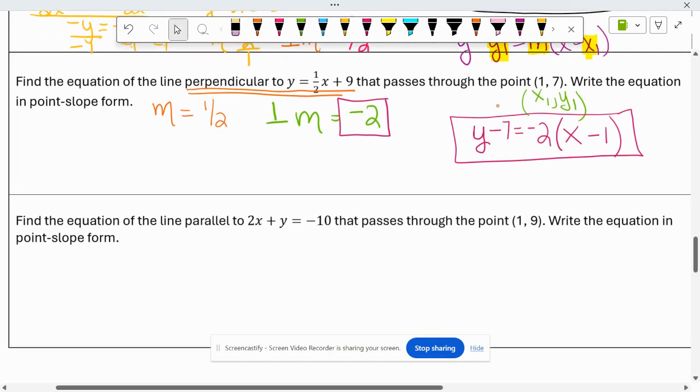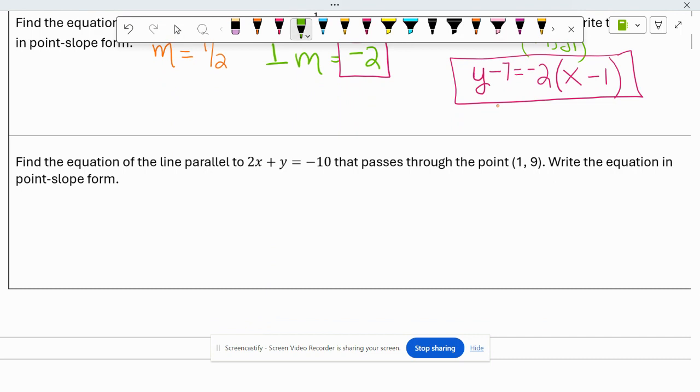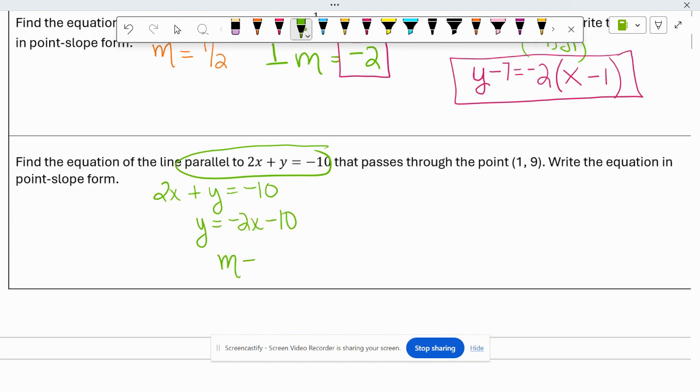Okay. Last one, Violet. Parallel to this line. So what am I going to do to find the slope of this line? Yeah, subtract the 2x. What does that give me? Perfect. So what is my slope of this line? So what is the slope of the line that's parallel to this?